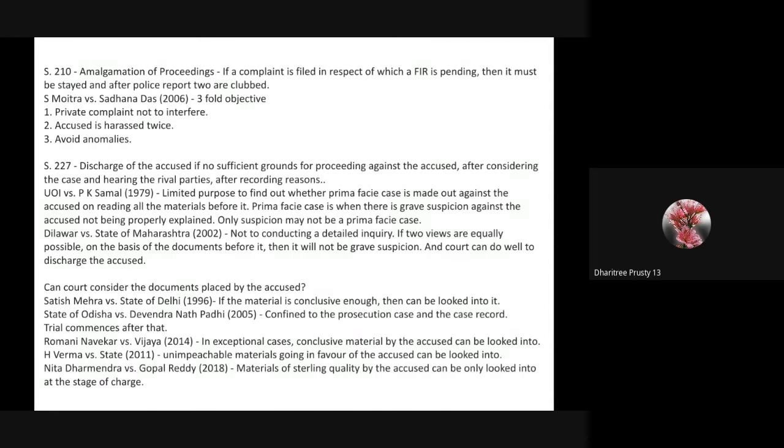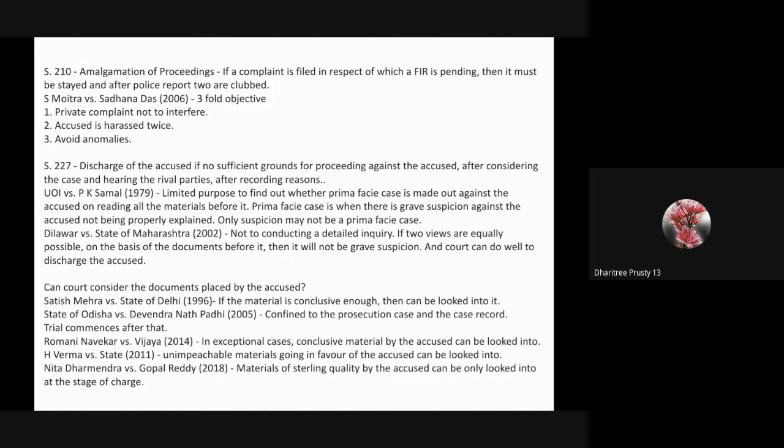Section 227 prescribes when the accused will be discharged in a sessions trial case. The discharge of the accused can be done if there are no sufficient grounds for proceeding against the accused, after considering the case, hearing the rival parties, and after recording reasons. If the sessions court is of the opinion that there is no sufficient ground for proceeding against the accused, then it may discharge.